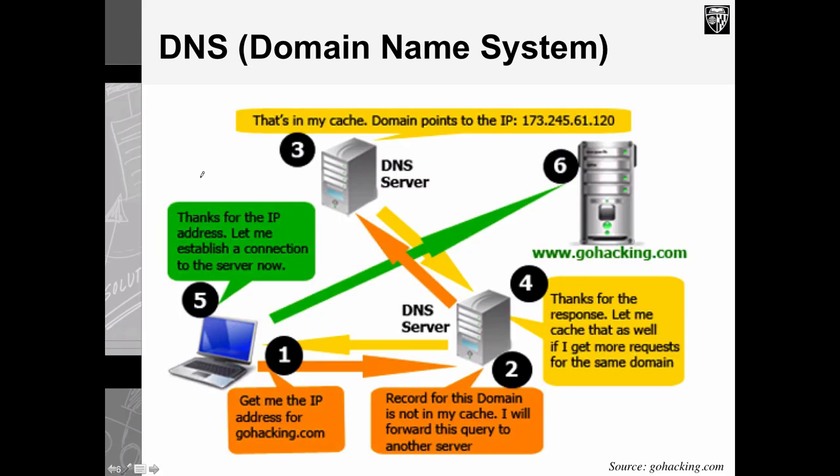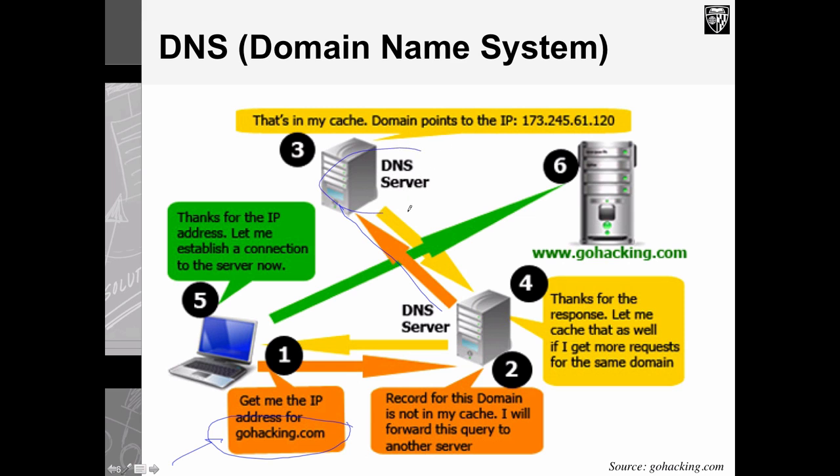But if you want to take a deeper dive, in this case you're looking for this website called gohacking.com. Your laptop is asking your local DNS server, hey, I need to know the IP address for gohacking.com. In this case, your local DNS server does not have that answer, so it might ask an authoritative server, the owner of the domain, for that IP address.